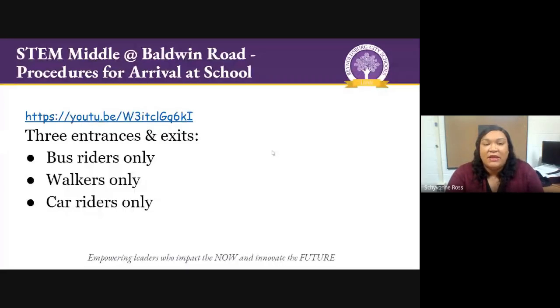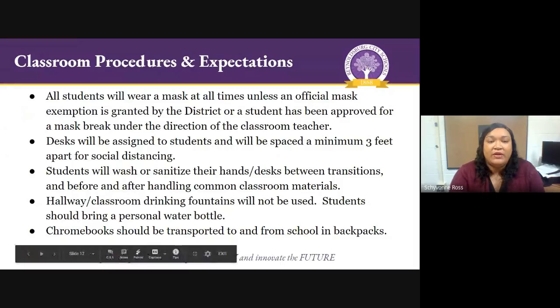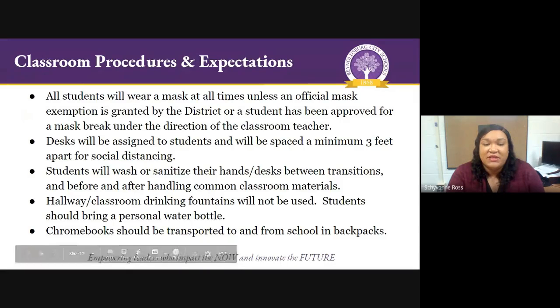Okay, so in the classroom, all students will wear a mask at all times unless an official mask exemption is granted by the district or a student has been approved for a mask break under the direction of the classroom teacher. Desks will be assigned to students and will be spaced a minimum of 3 feet apart for social distancing.